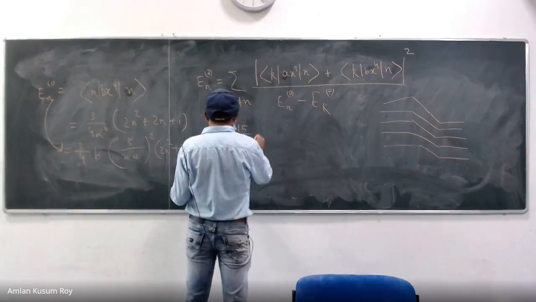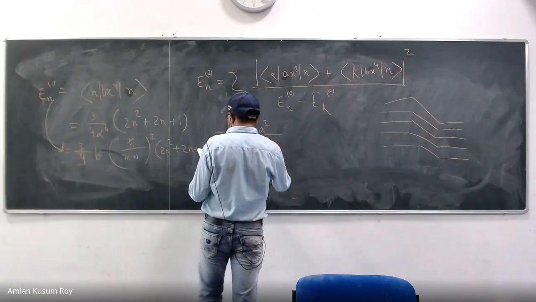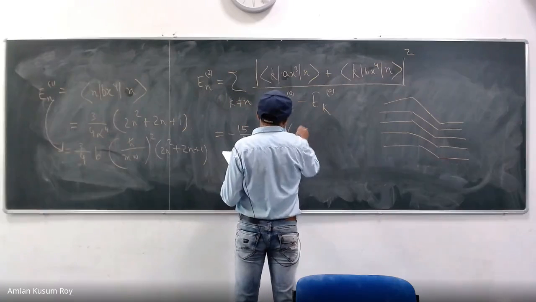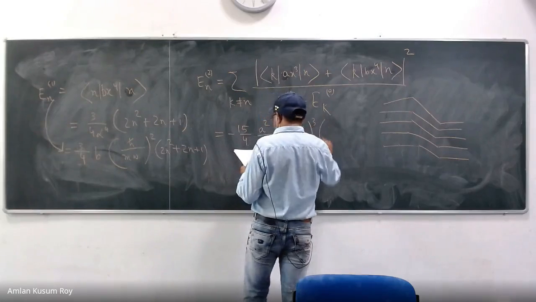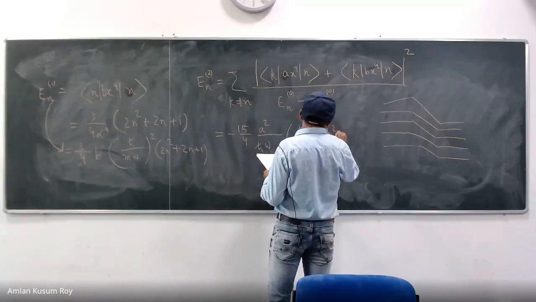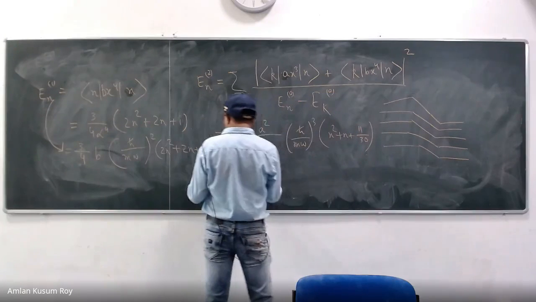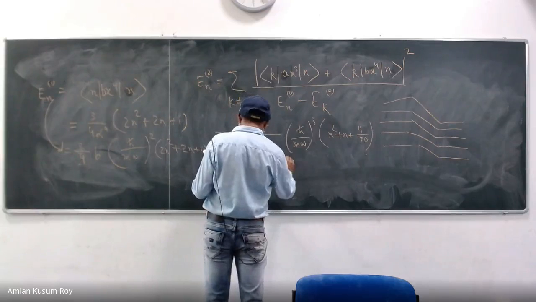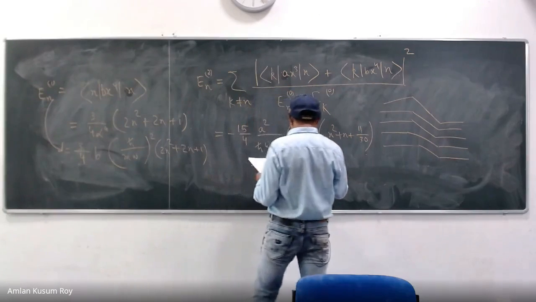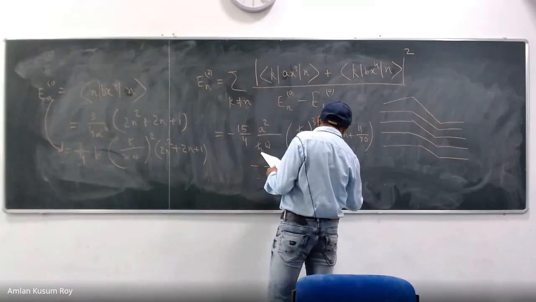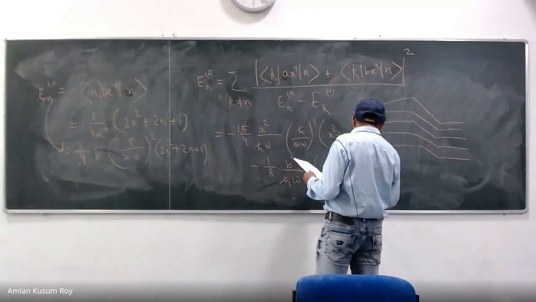So you can find out minus a square by h cross omega, h cross by m omega to the power 3, n square plus n plus 11 over 30, minus 1 over 8, b square by h cross omega into h cross by m omega to the power 4, and then 34 n cube.